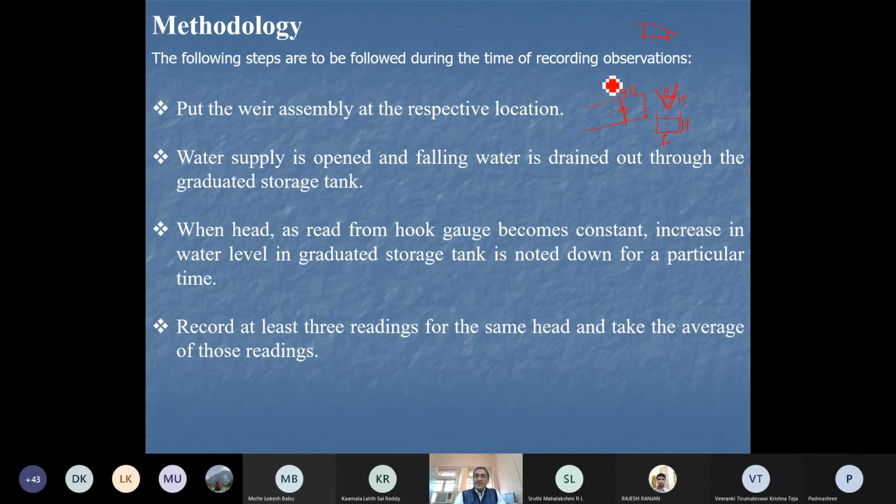The second aspect is that this channel is something like this, and water is coming somewhere here and going in this way. So everywhere we use baffle plates. Baffle plates are simply plates which have holes here to allow the water to pass through, so that any eddy or disturbance in the water current is removed, and the moment water reaches the weirs, it is free from any velocity.